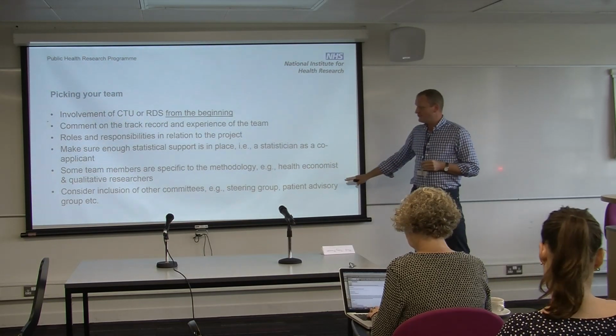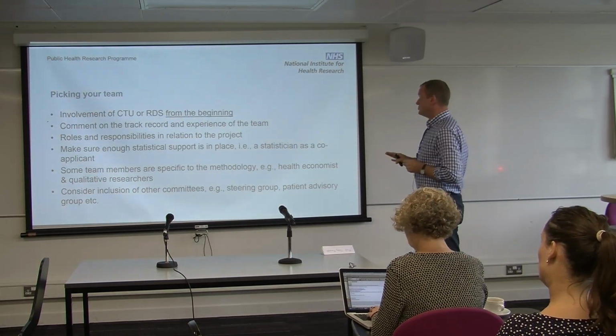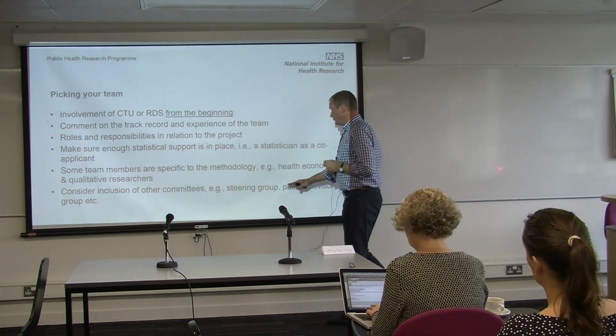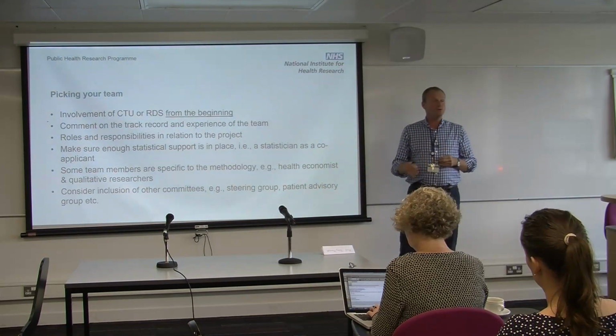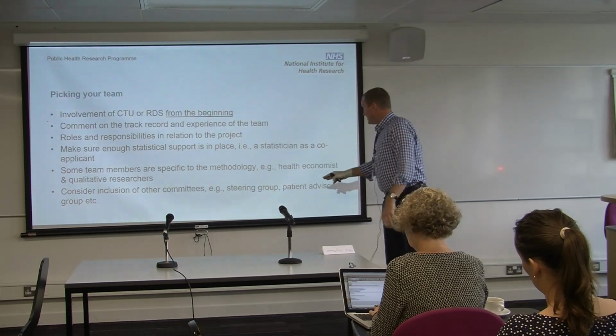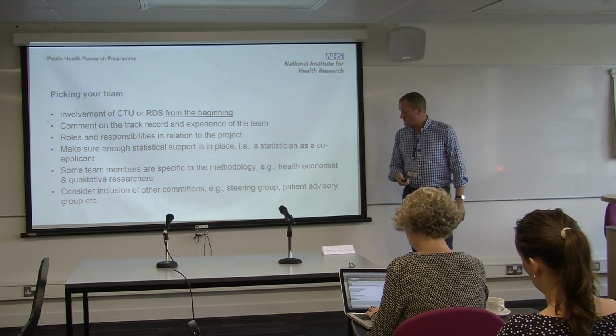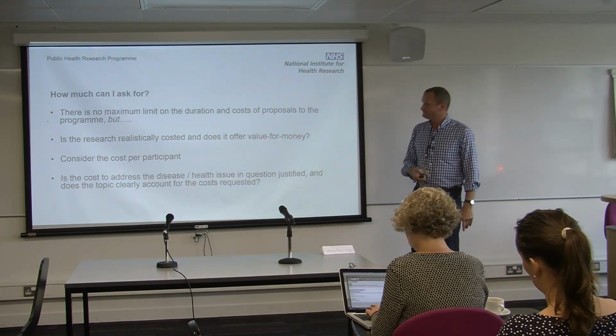And obviously with a randomized controlled trial of some sort, you'll need a steering group, and you may also need a patient advisory group if you are introducing an intervention where you want to gauge what those that are delivering the intervention feel in terms of receiving that intervention.